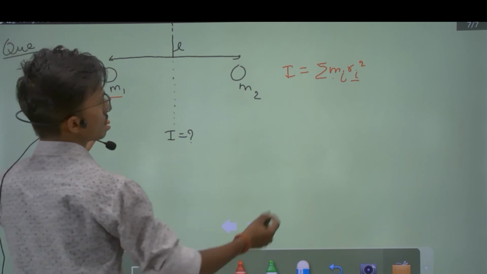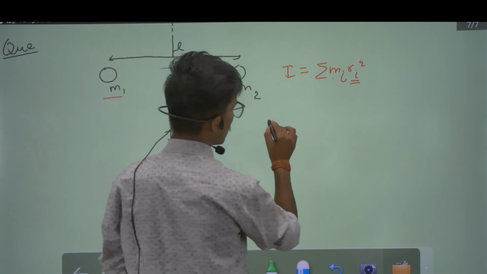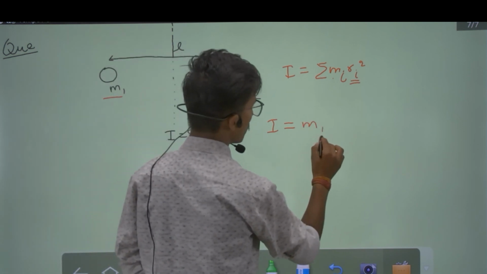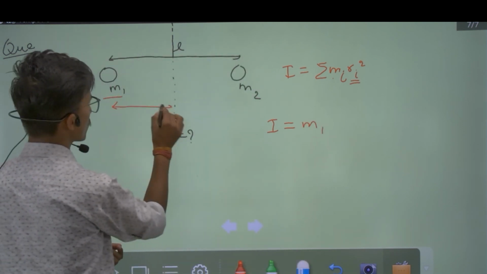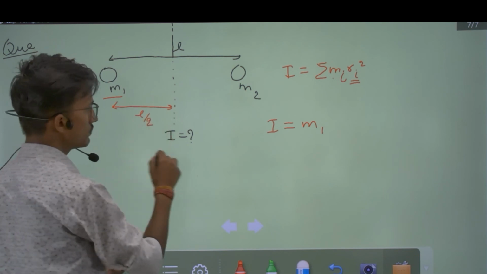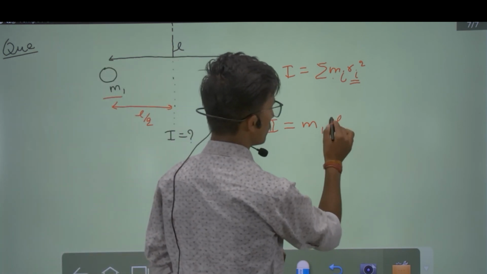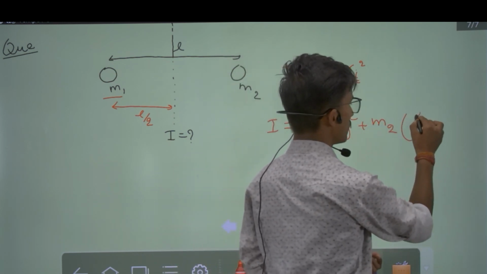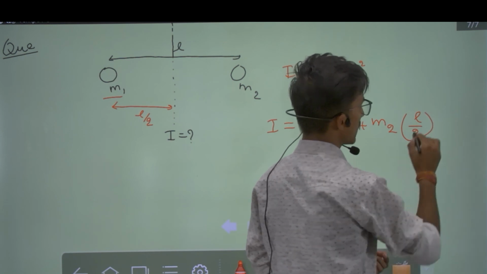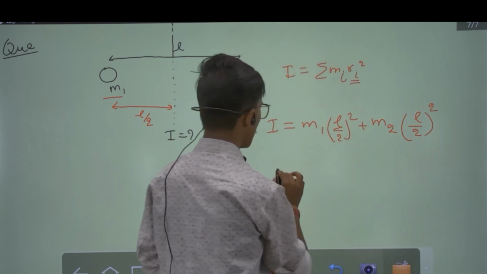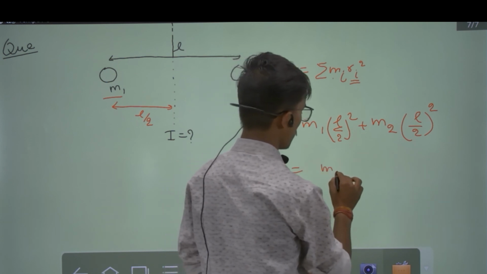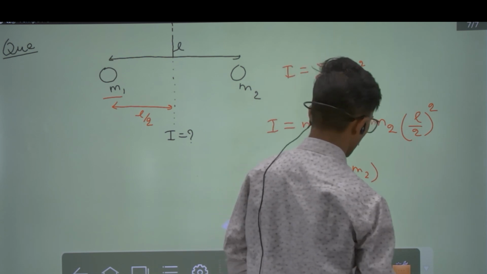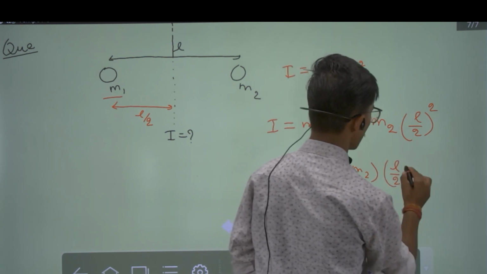So we write I is equal to m1, and the distance of m1 from the axis is L by 2, because the total distance is L. So write L by 2 whole square, plus m2, which is at the same distance, L by 2 square. You will get I is equal to m1 plus m2 into L by 2 whole square.